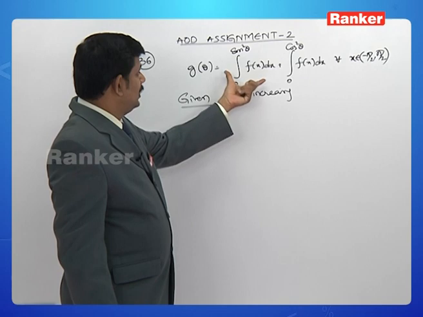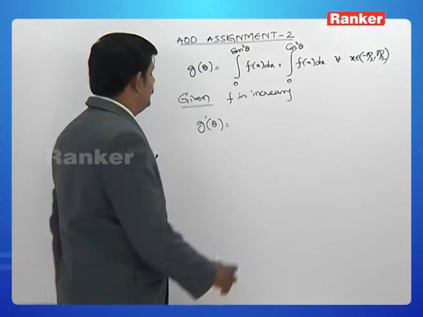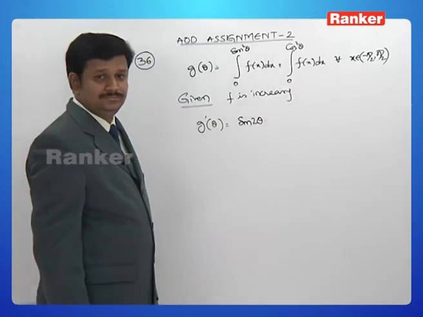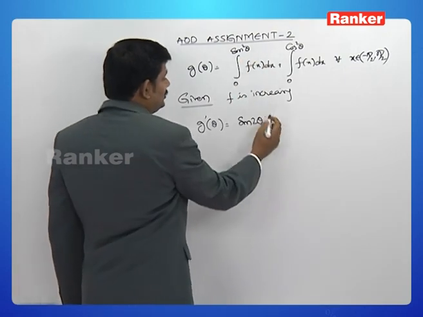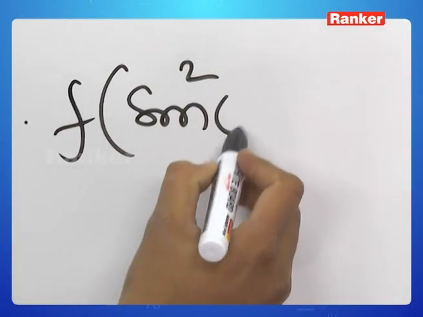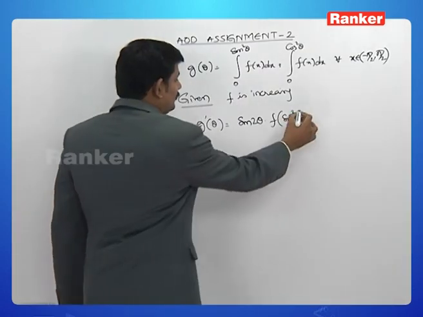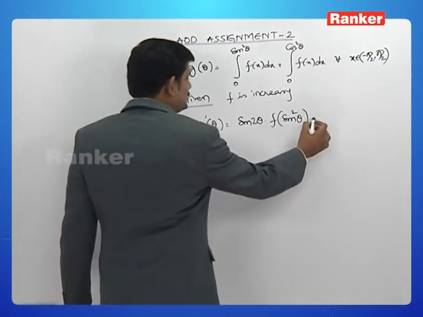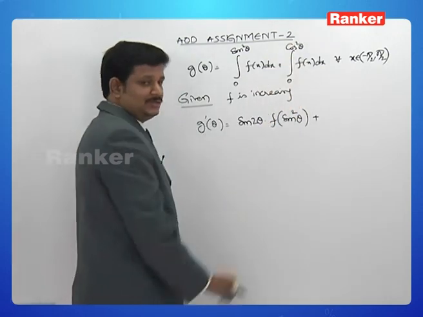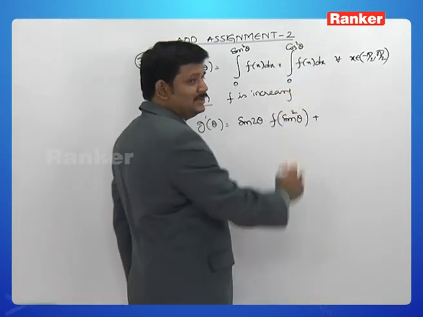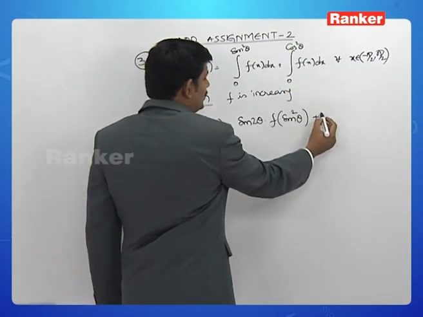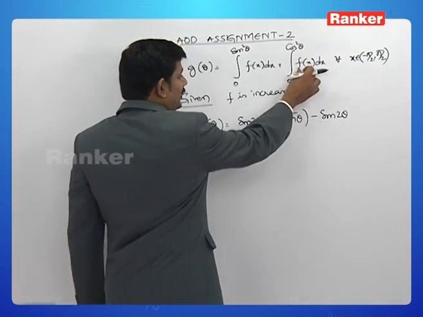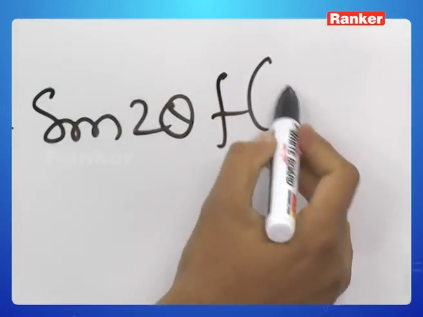Derivative of an integral is derivative of upper limit, 2 sin theta cos theta, which is sin 2 theta, into the functional value of the upper limit, f of sin square theta, minus derivative of lower limit, which is 0, 0 into whatever is 0, plus let us differentiate this: derivative of upper limit 2 cos theta into derivative of cos theta, which is minus sin theta, minus 2 sin theta cos theta is sin 2 theta with a minus sign, and function value of the upper limit, f of cos square theta.